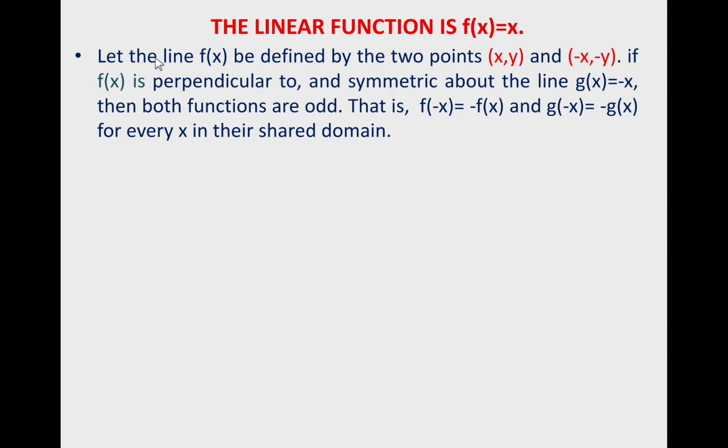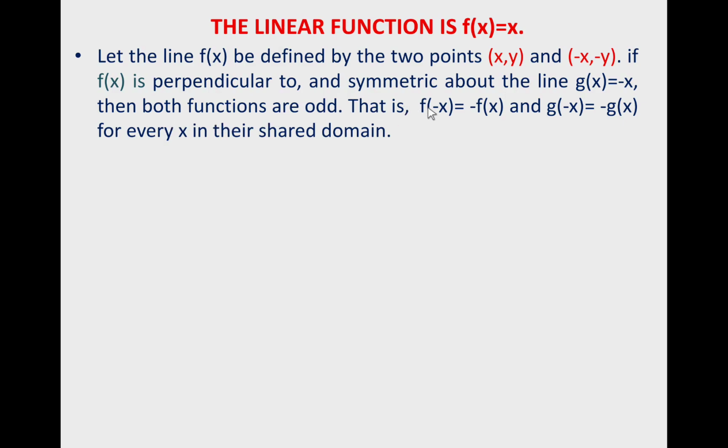This is the hypothesis. Let the line f of x be defined by the 2 points x comma y and negative x comma negative y. That means f of x connects these 2 points. If f of x is perpendicular to and symmetric about the line g of x equal to negative x, then both functions are odd.